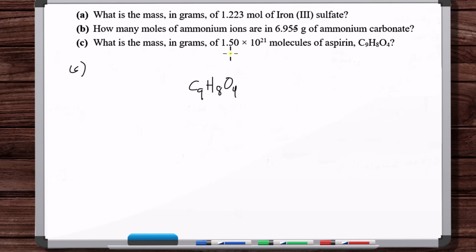So how do we convert this count to moles? It's the same way we would convert to dozen. We would divide by 12 to convert to dozen. Well, to convert to moles, we divide by Avogadro's number.